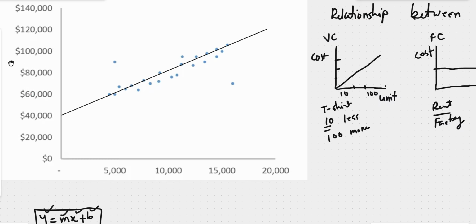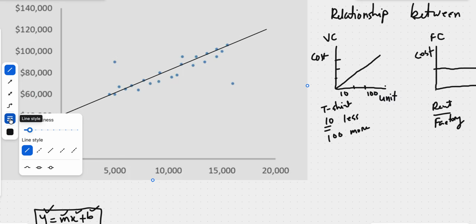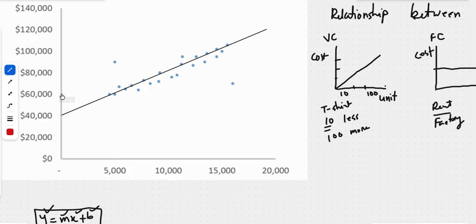Now I would like to take this point, and let's say this is the point.